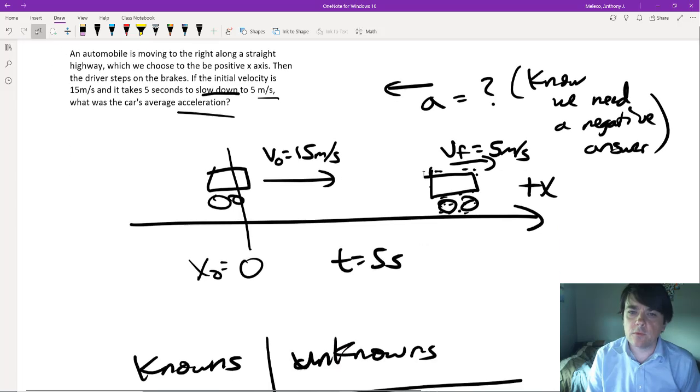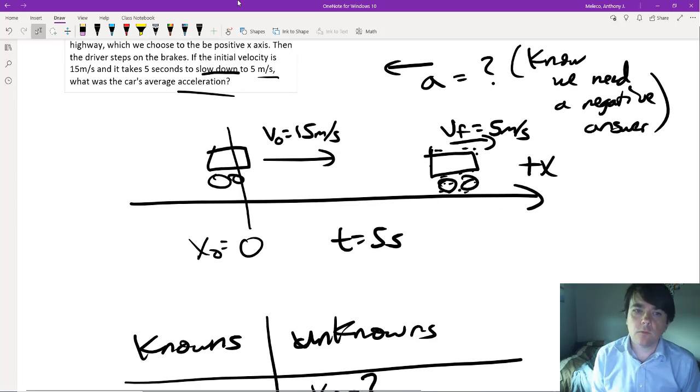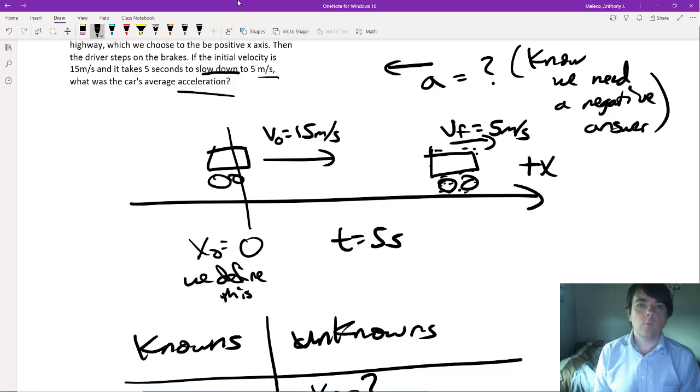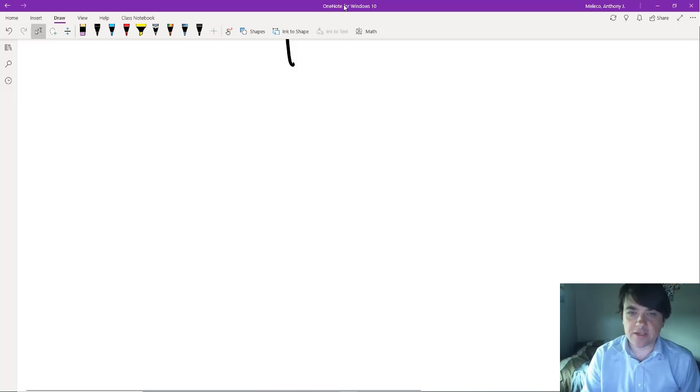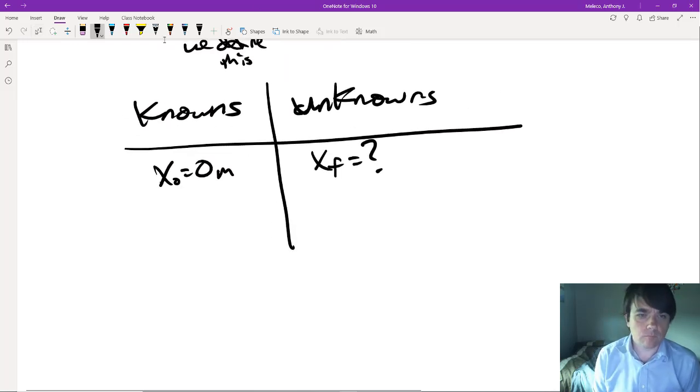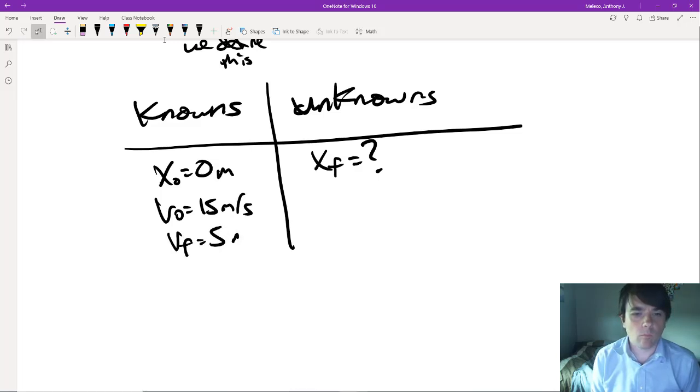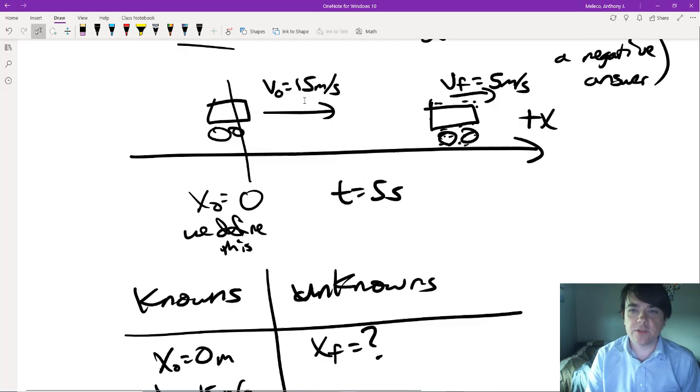Other than that, so we define this. That's it for position. Now we'll move to velocity. We have initial velocity and we have final velocity. Okay, now we can do acceleration.